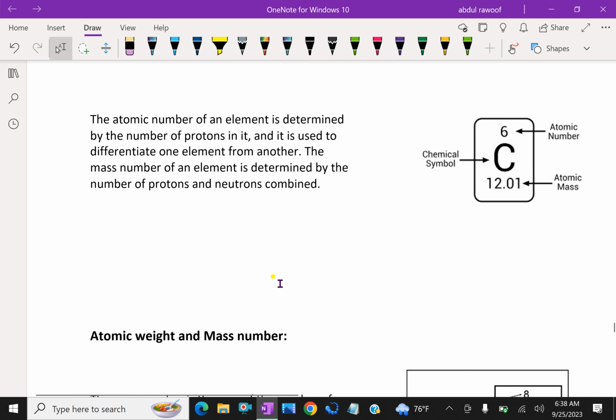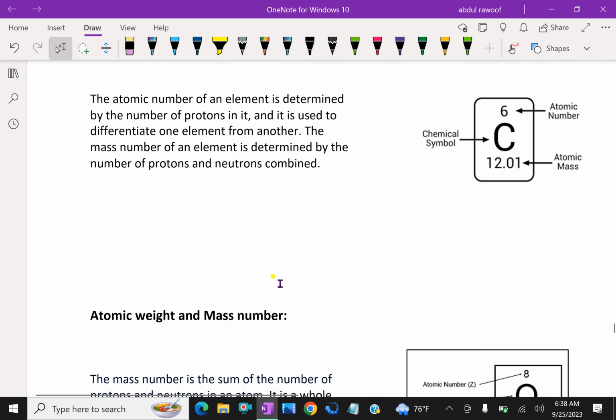That is, the atomic number Z is the number of protons. Mass number is proton plus neutron.